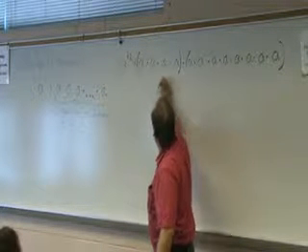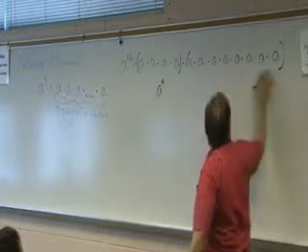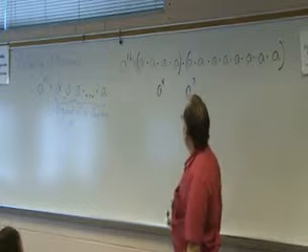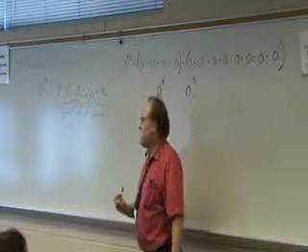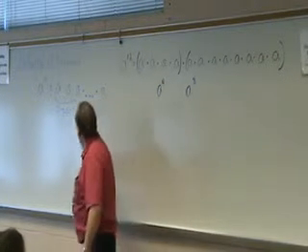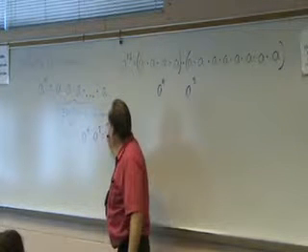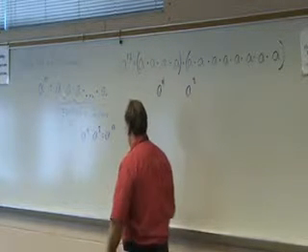A to the 4th. What's this? A to the 8th. That's a to the 12th, isn't it? So a to the 4th times a to the 8th is a to the 12th.